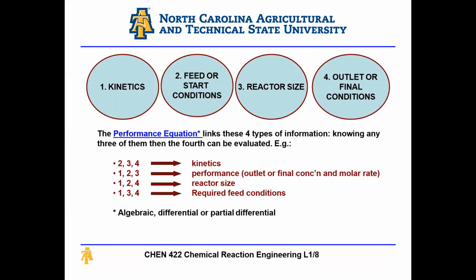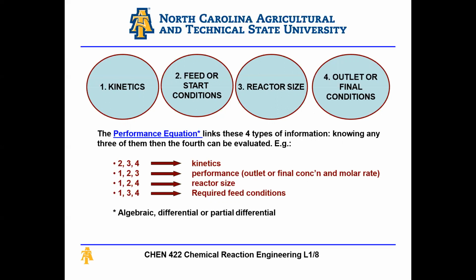Second thing is the feed or start conditions. How pure is your feed coming in? What's its temperature? What's its pressure? What's its concentration? These are also important pieces of information. Third thing is the reactor size. Am I doing this in one very large reactor, two small reactors in parallel, maybe one large reactor, but it's a very long tube?